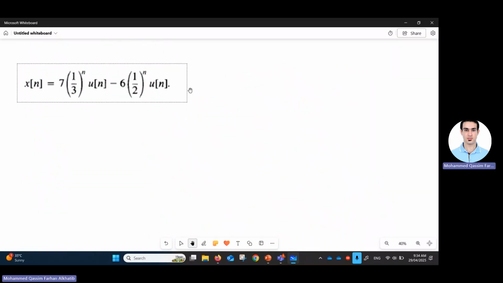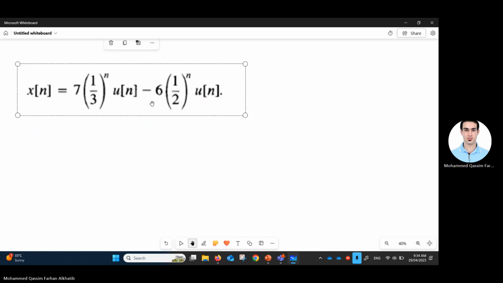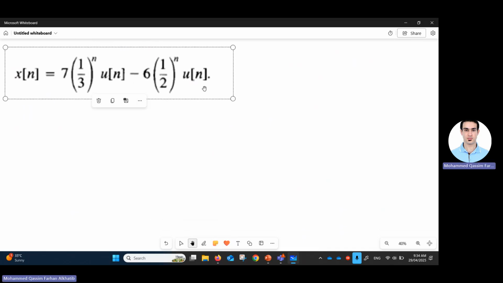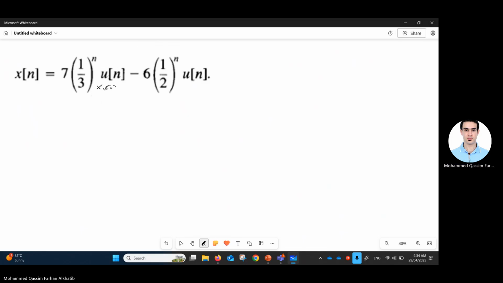In this case, you have basically two functions. You can consider this one as x1 of n, and this is x2 of n, so x of z equals x1 of z plus x2 of z.